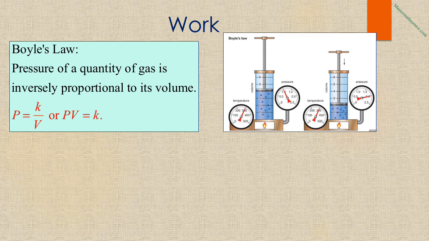While keeping the temperature the same, we double the pressure, and because of Boyle's law, we halve the volume. So the rod now moves down vertically, and since it moves down with some force, work is done by the gas. We can use our integral formula to measure that work.